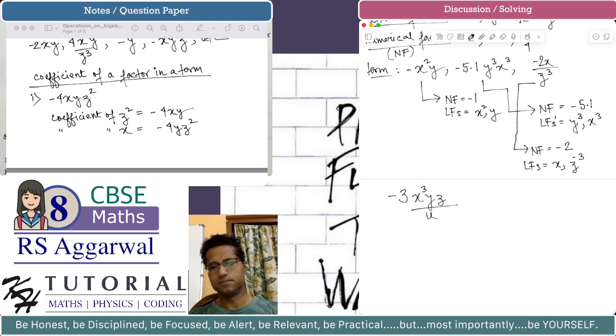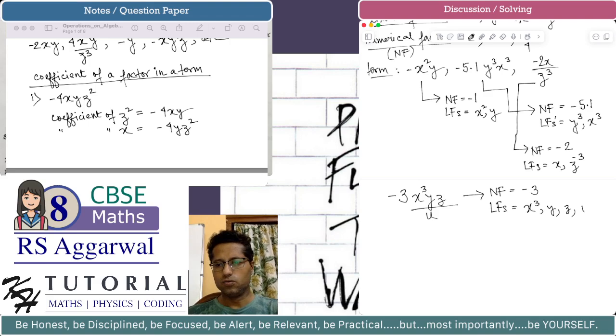As you know, for this term, the numerical factor will be minus 3, and the literal factors are x cube, y, z, and u to the power minus 1, which means 1 by u. These are the literal factors.